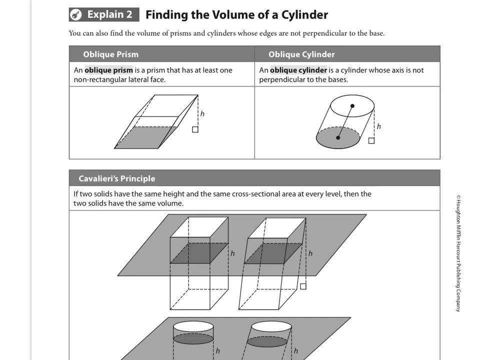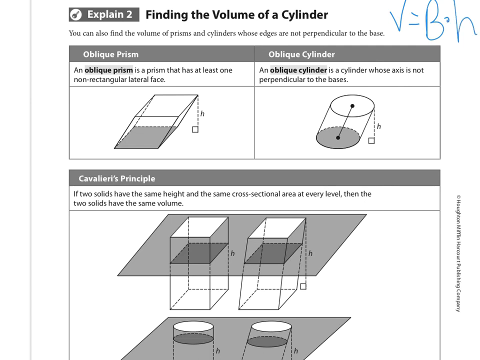If you take a deck of cards and put your hand on the top and slide it over to the side, you're going to get a slanted structure. But as far as what makes up that deck of cards, you haven't added any cards to it, you haven't taken any away. It's the same exact amount of cards. So this is what we call Cavalieri's principle, and the same exact principle applies. It is still volume equals the area of the base times the height, okay?